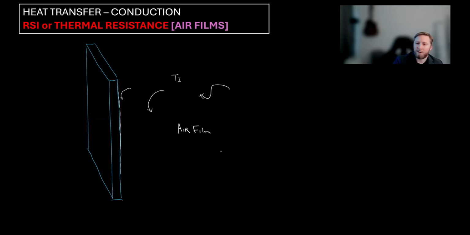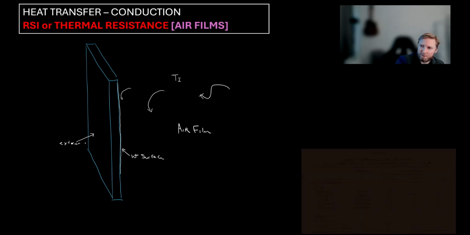And there's actually an interior air film. So that would be on the interior surface. And there's also going to be one on the exterior. Now, these layers actually provide a little bit of thermal resistance, and they've been calculated.